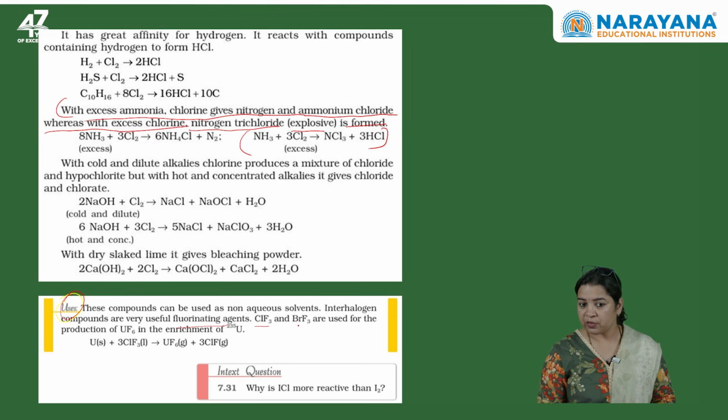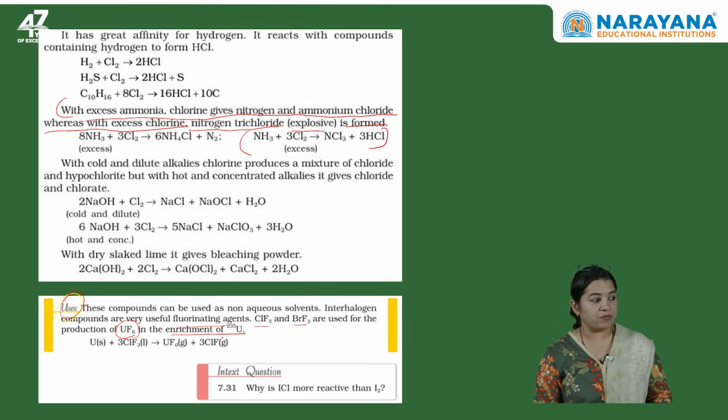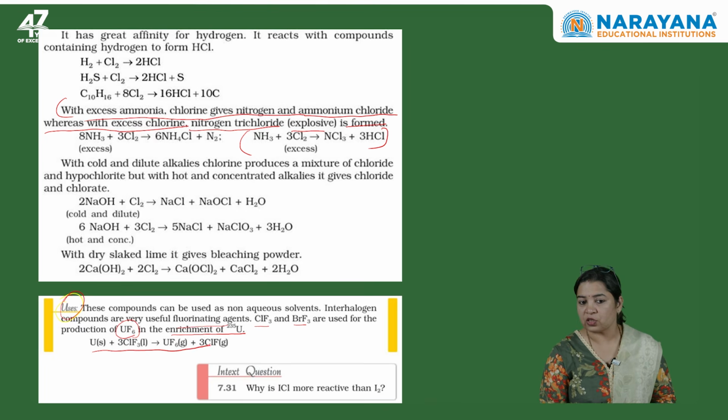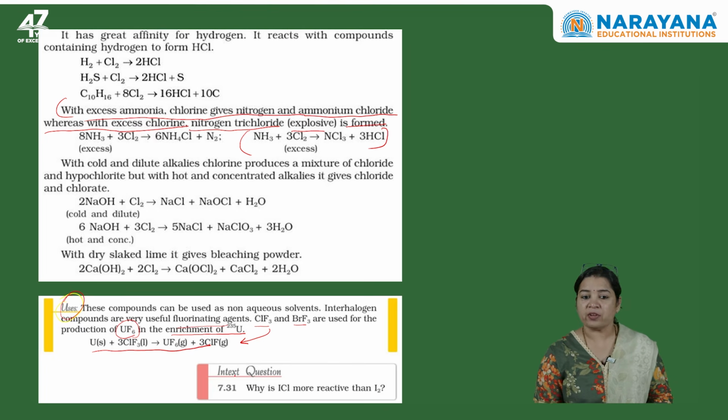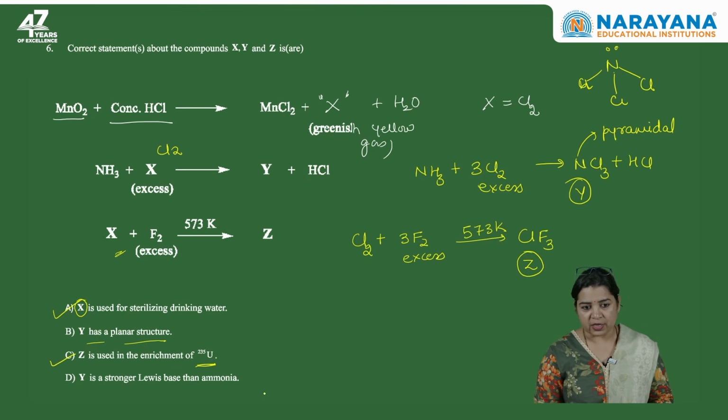ClF3 and BrF3 are used for the production of UF6 in the enrichment of U-235. So it is directly given in NCERT that it is used for enrichment of U-235 for the production of UF6, the reaction is also given, and ClF3 itself becomes ClF in the process. Looking at this information, Z is used for enrichment, correct. So we'll go for C.